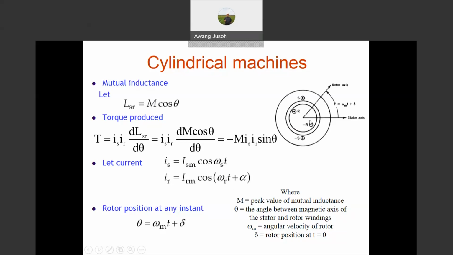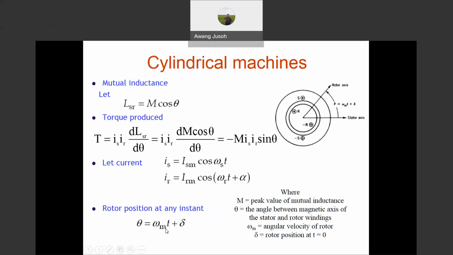When the rotor current flows in the rotor conductor, it has a frequency, and that frequency is known as omega R. Alpha is the phase between them, and the other important thing is theta. Theta is the phase between these two axes, defined by omega m t plus delta. Omega m is the rotor angular frequency in radians per second.